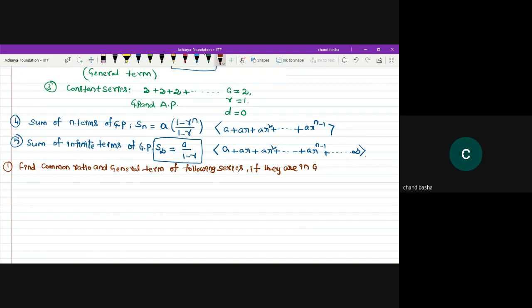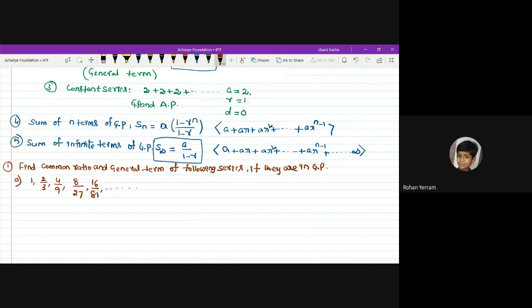If they are in GP, then you can find out the first term, the common ratio, and the general term. Example number 1, we have 1, 2 divided by 3, 4 divided by 9, 8 divided by 27, 16 divided by 81, and so on.